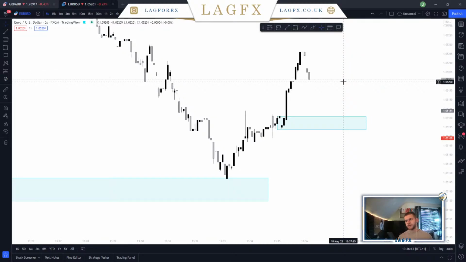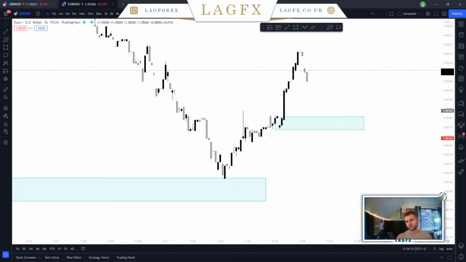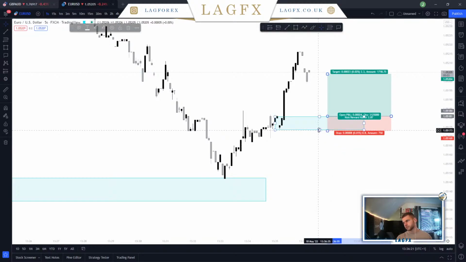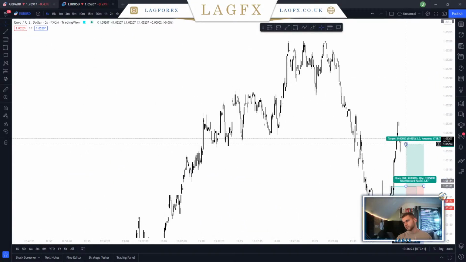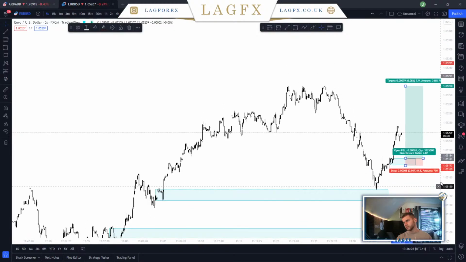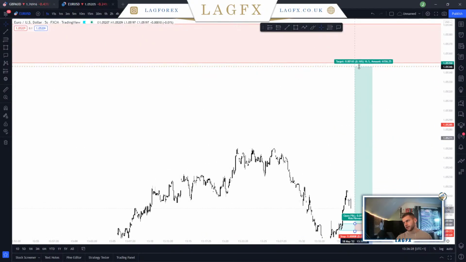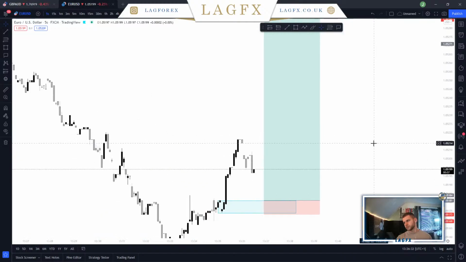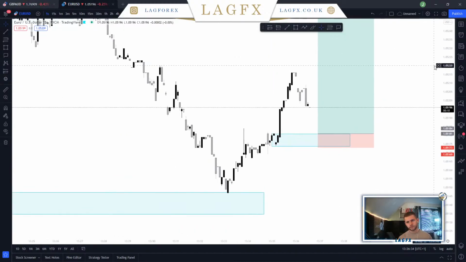But it's a waiting game. Let's just see what happens. We could actually look to potentially have a pending order here now that we've had confirmation of displacements and whatnot. So I more than likely would be looking at something like this. So we just see what price does.